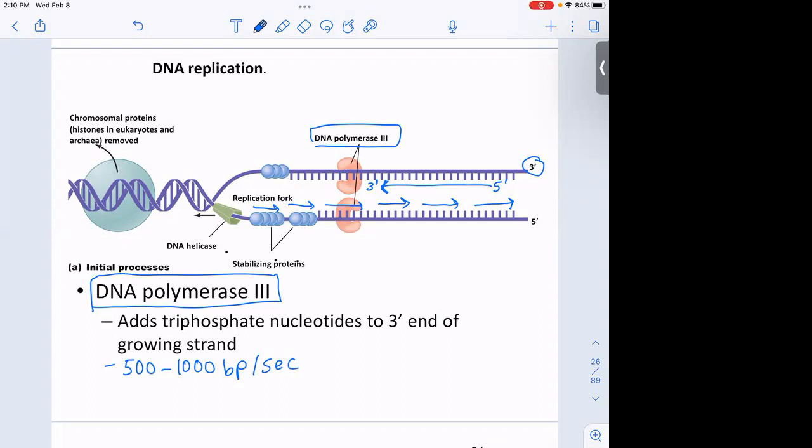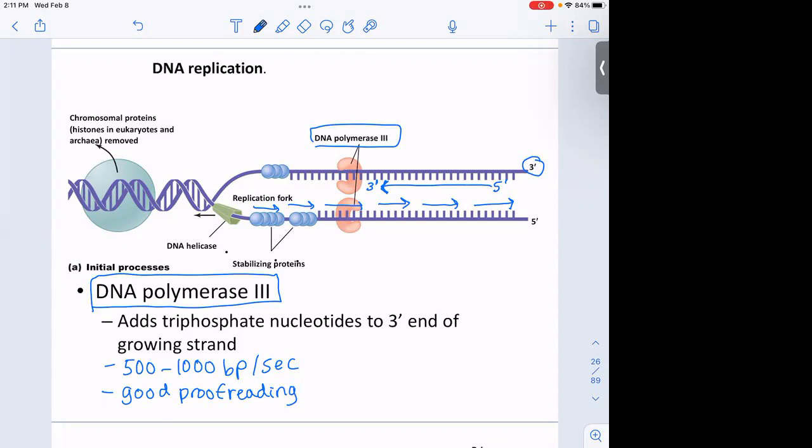So astonishing speed when you think about it. And something else that this enzyme does really well, it has a really good proofreading ability. So not only does it move really fast down the strand of DNA, but it can kind of look behind it and make sure that it added the correct base pair that's complementary to the template that's there already. Okay.